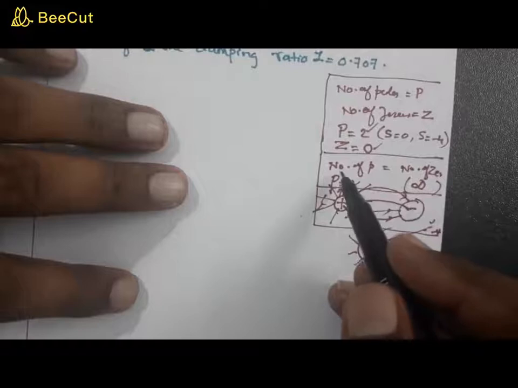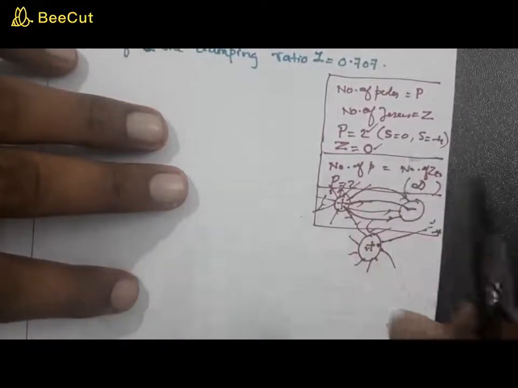Similarly, a pole, when it starts, goes in search of zeros.